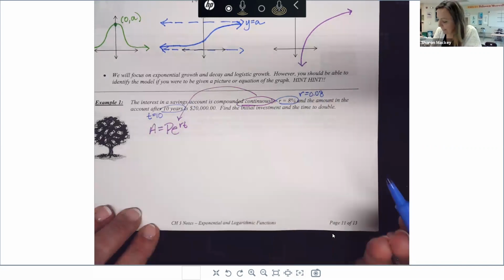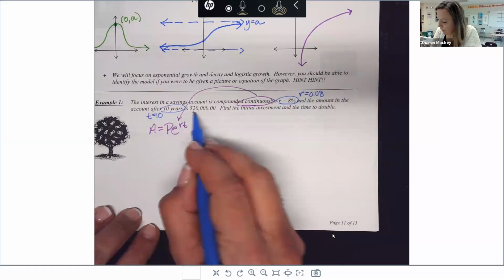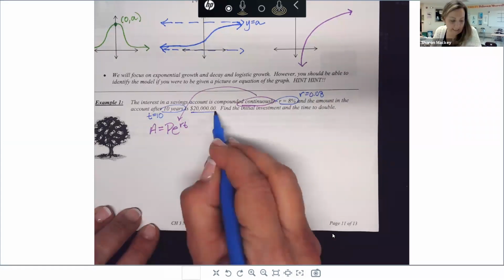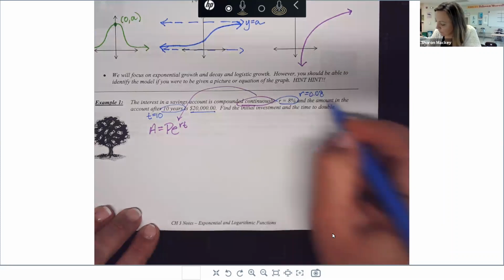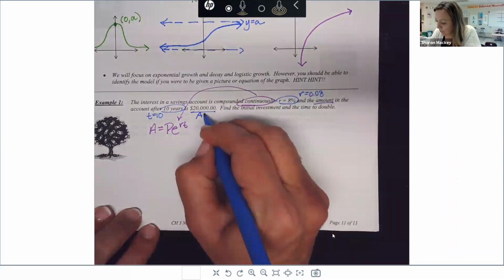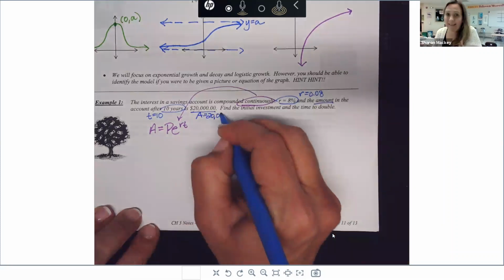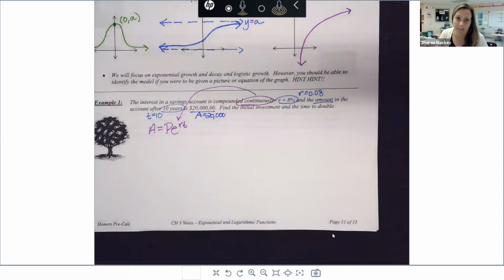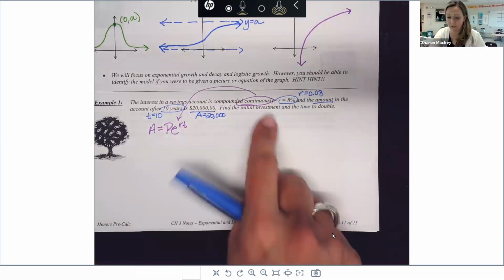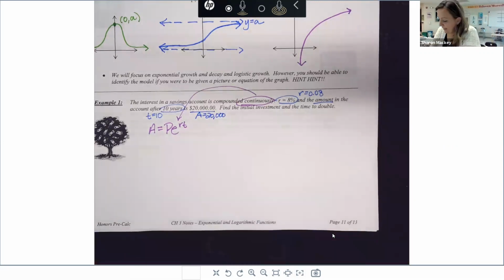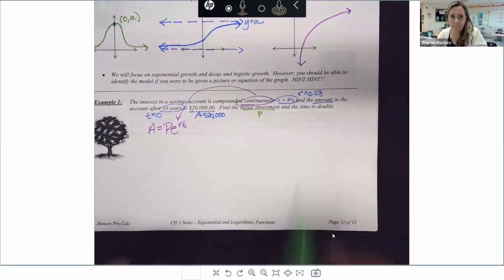And then it tells us that the amount is $20,000. So this is not the initial amount, but this is telling me that they want the amount to be $20,000. So we're actually looking for P, the initial investment, in this problem.